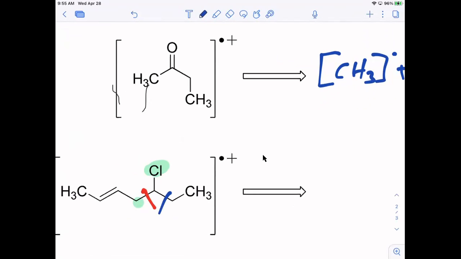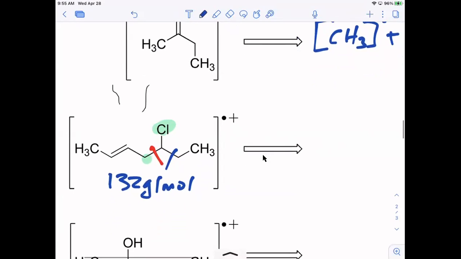So the M+1 would be what? 133. And then the M+2 would be 134. Good. And that's what you will see in that mass spectrum. The M+2 is probably going to be really, really small, right?